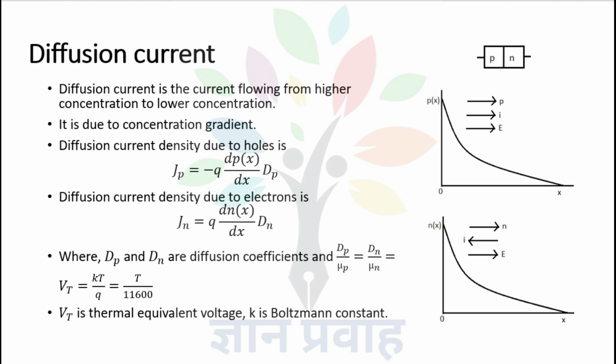It is due to the concentration gradient. When the concentration of charge carriers is large at some point and small at another, there is a natural process where charge carriers move from higher concentration to lower concentration. So diffusion current is the current due to the natural process of the concentration gradient.